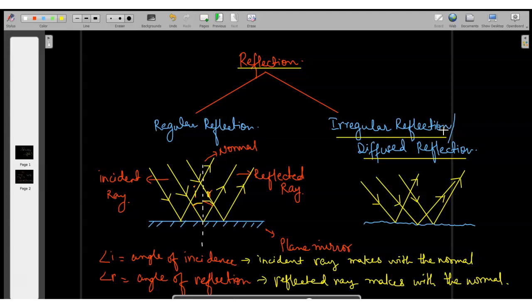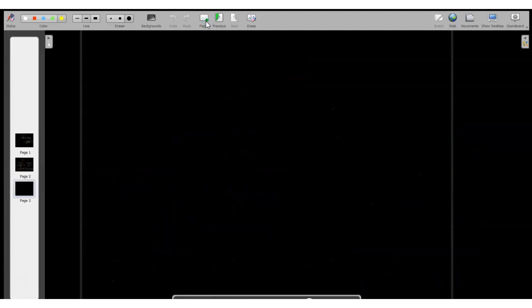Is that clear to all of you? Okay, so now I will enter into another very important topic, that is laws of reflection. There is a set of laws that reflection of light follows. And what is that? We have two laws.